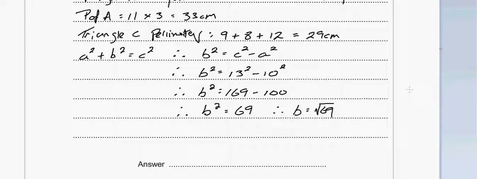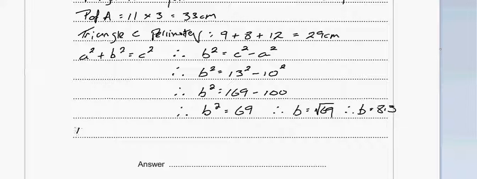and the root of 69 is about 8.3. Okay, so I can say that therefore b equals 8.3.